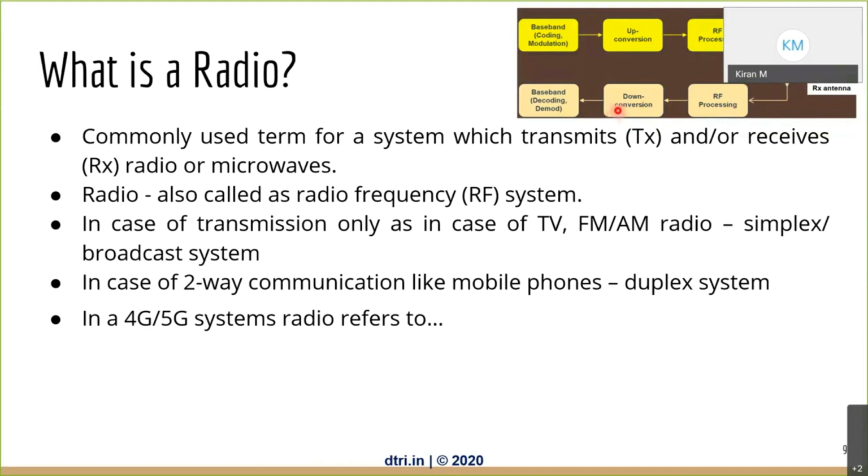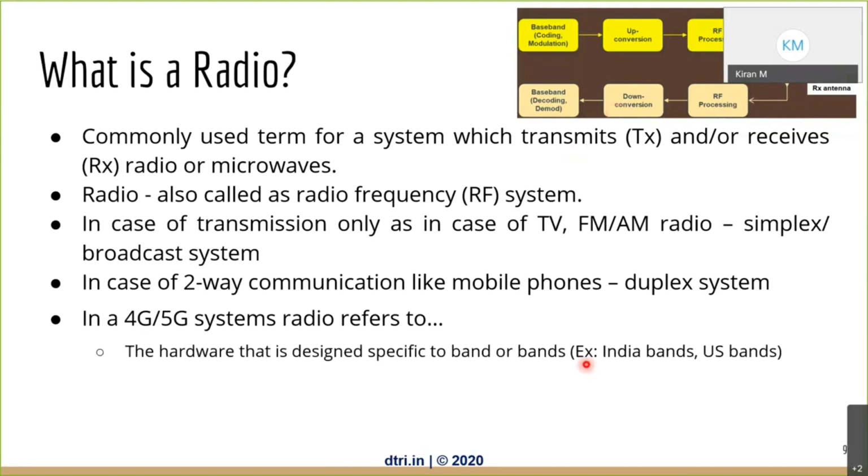But in 4G and 5G, since we are focusing on them, you can think of it as hardware that is designed specific to a band or bands. For example, if I'm designing a phone for India or for the US, I'm focusing on only those bands. In the previous slide, I showed you that 4G and 5G have some 40 plus or 50 plus bands.